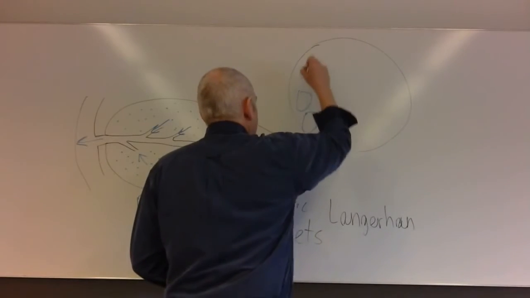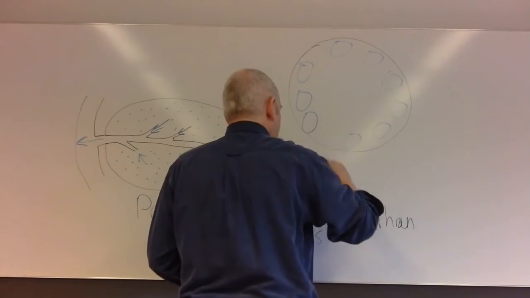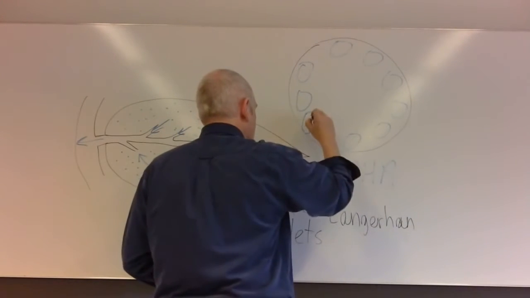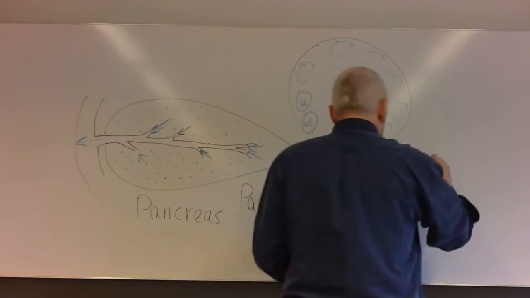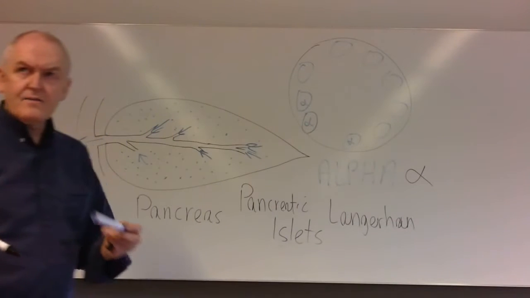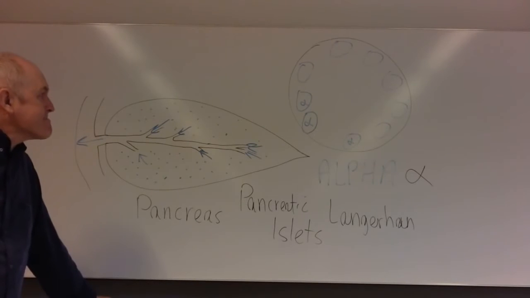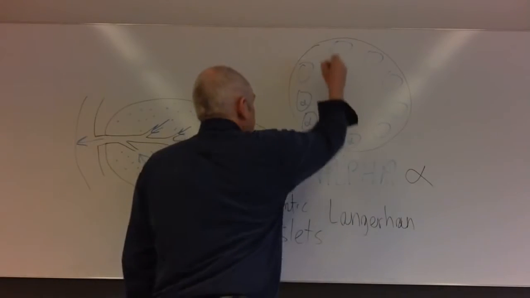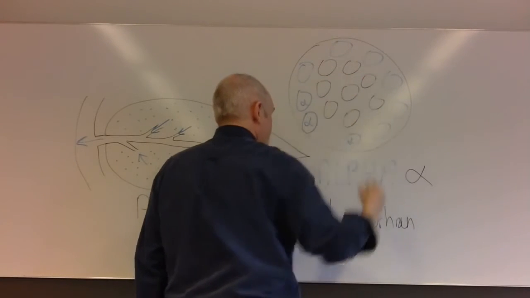Round about the outside, there's a type of cell called alpha. Alpha cells. And that's the Greek letter alpha. So the alpha cells are round about the outside of the pancreas primarily. But there's more cells inside called beta cells.